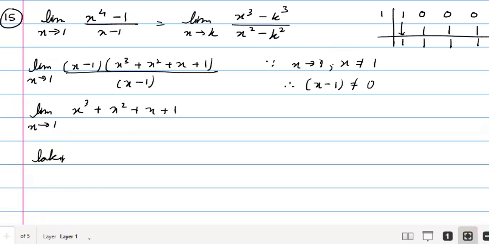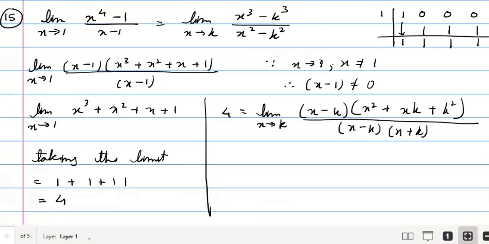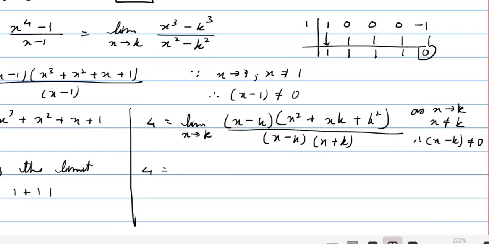Taking the limit, as x tends to k, x is not equal to k. Therefore, x minus k is not equal to 0.